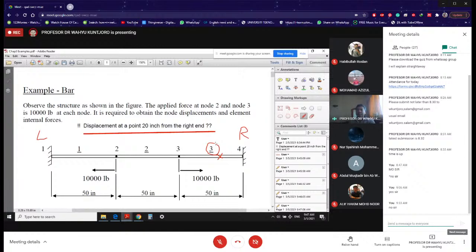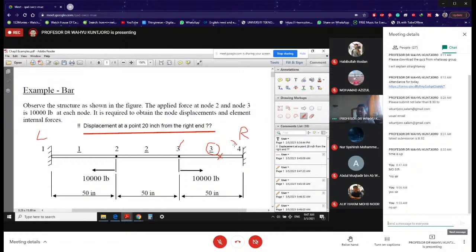So if it is element number 3, okay, then you have to identify which nodes belong to element number 3, which is going to be this node and that node, node 3 and node number 4. Make sure you know the displacements at node 3 and also at node number 4, D3x and D4x.